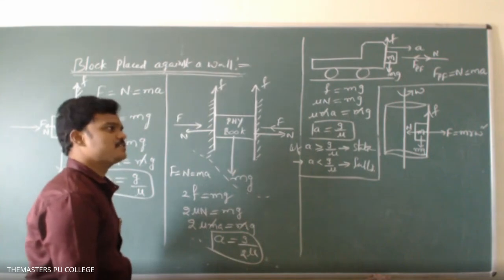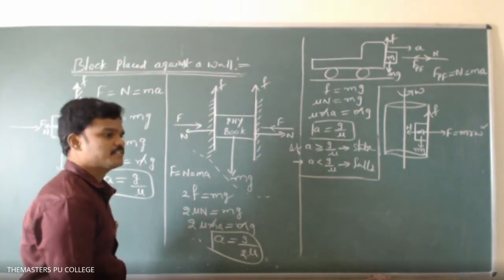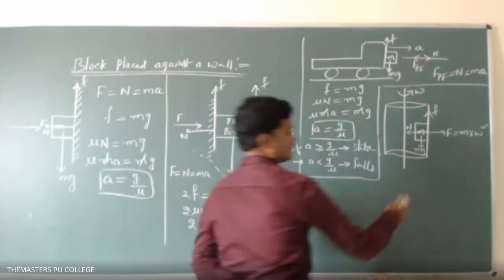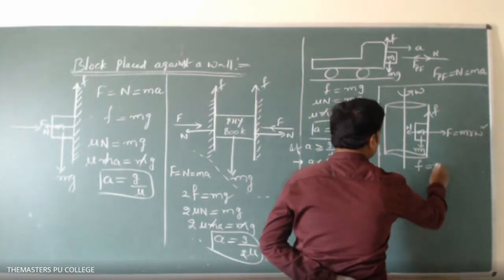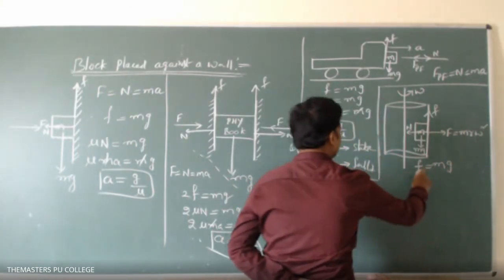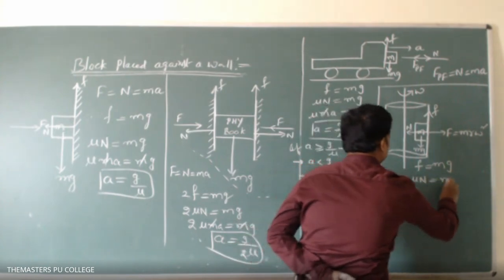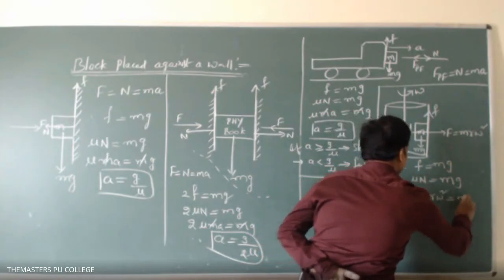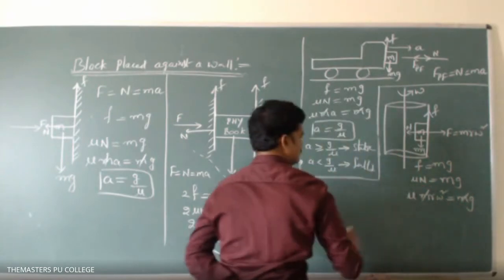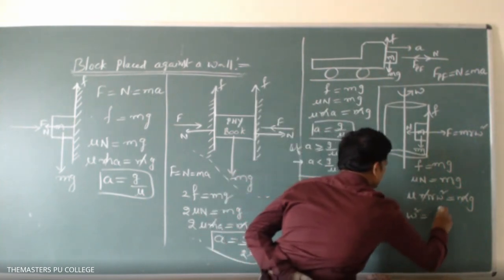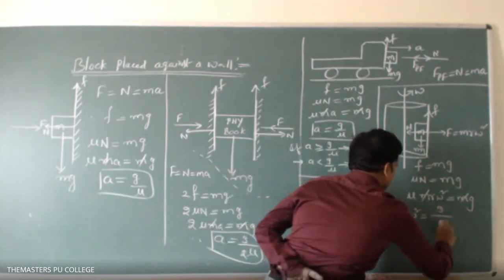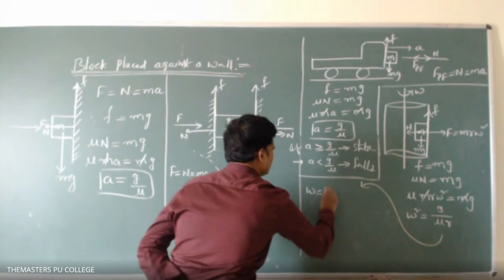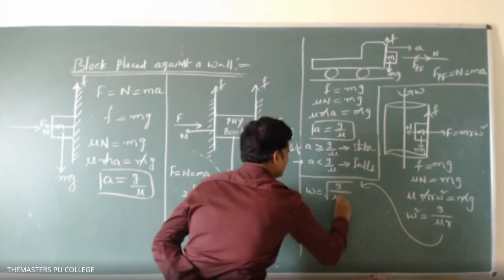Balance the two equations: f is equal to mg. f is nothing but mu N, so mu times m r omega square equals mg. So omega square is equal to g by mu r. Omega is equal to root of g by mu r.